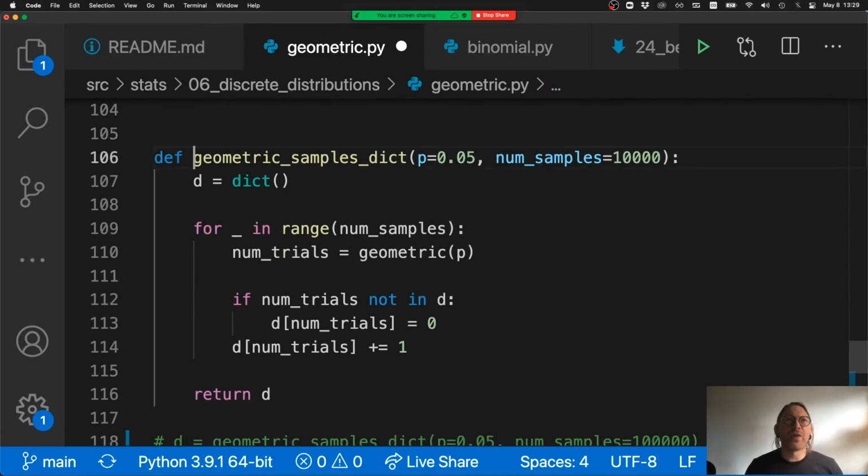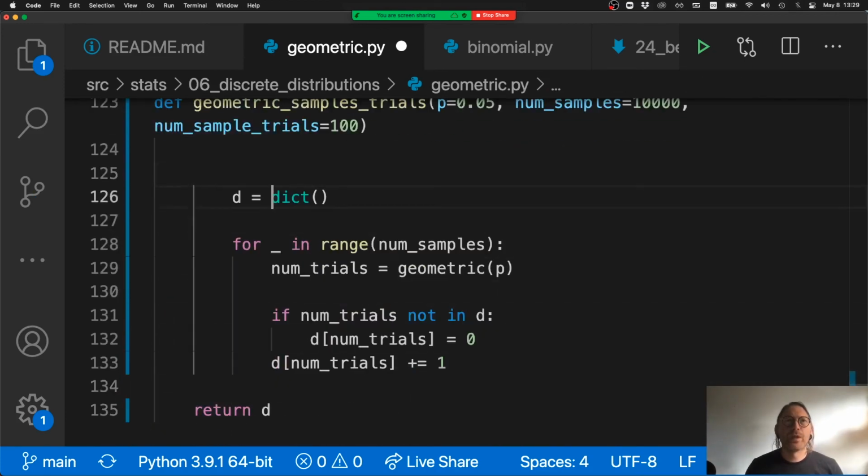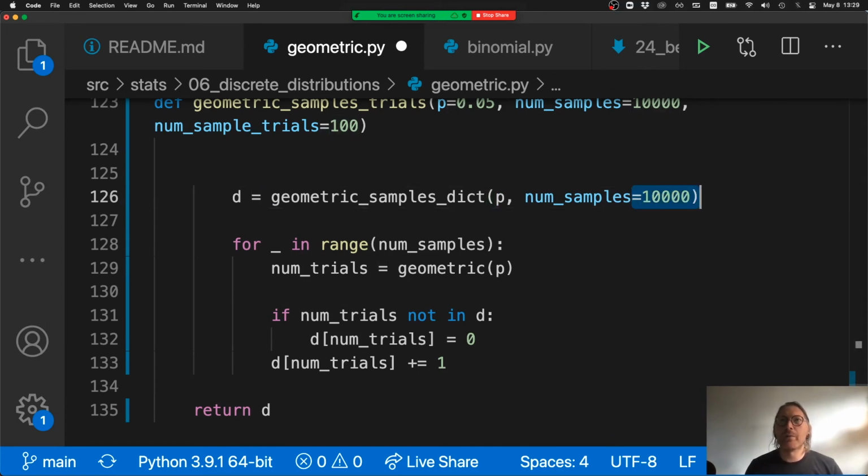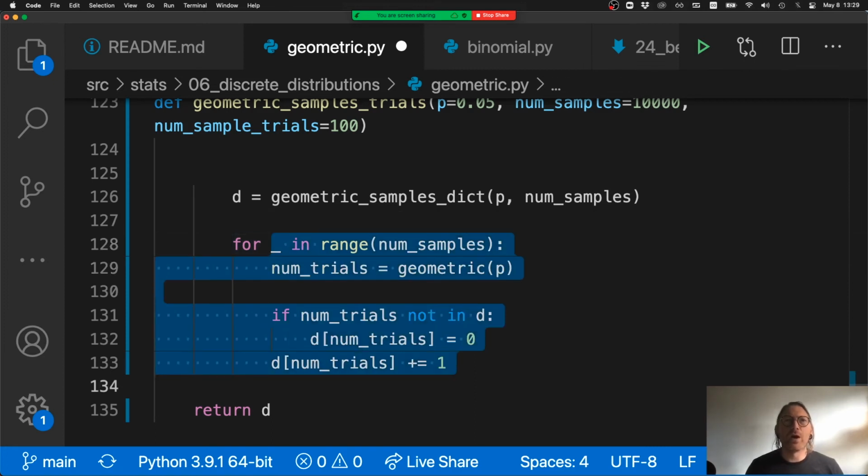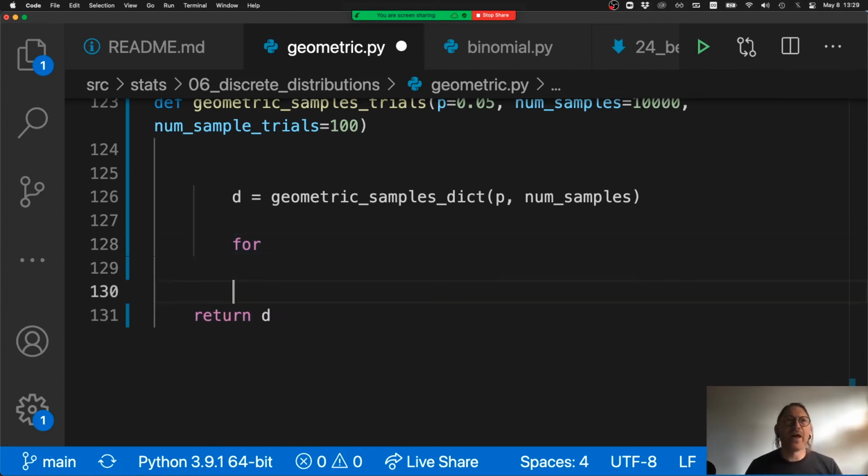We can just borrow this functionality directly. So I'll do this, geometric samples dictionary, and we'll pass in the probability and the number of samples from the argument above, and that will sort of do away with our necessity to have that.